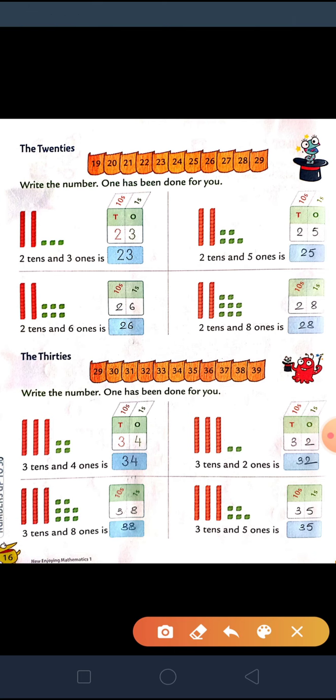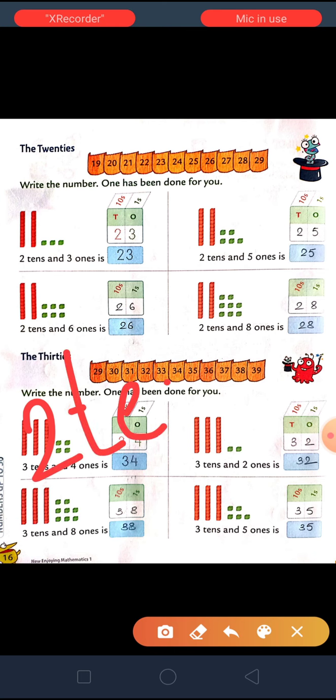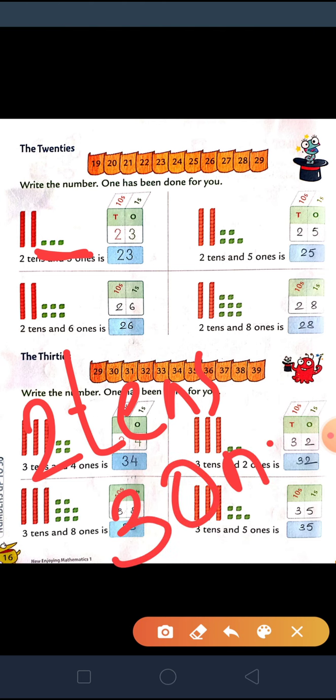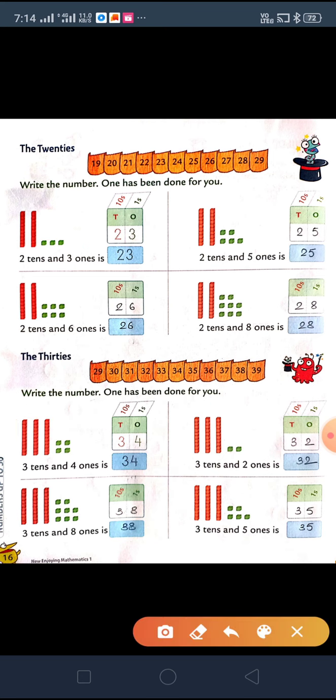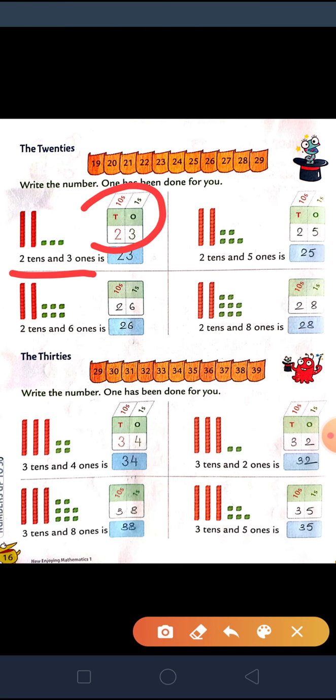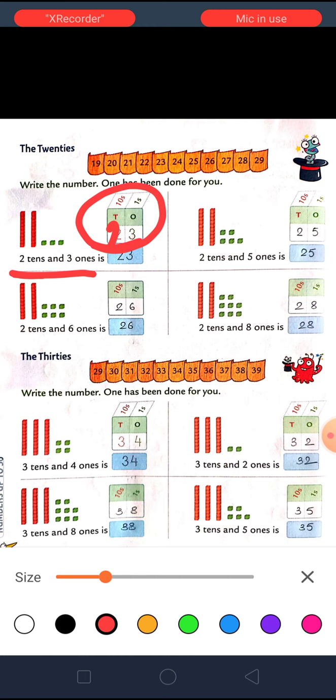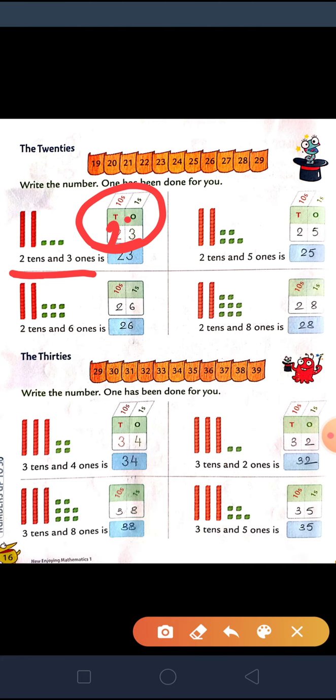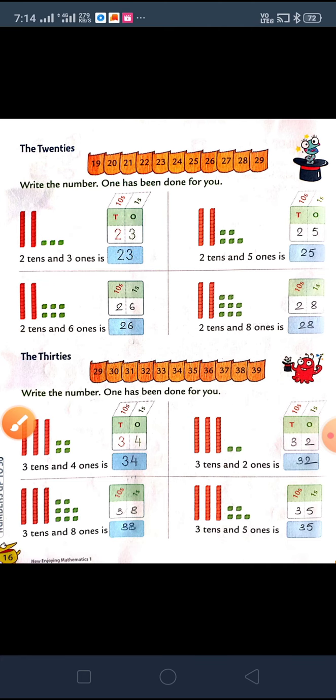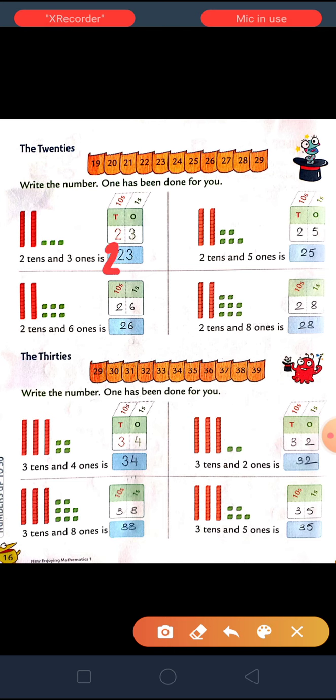So total is 20. 20 means 2 tens, and 3 blocks are kept separately, so it is 3 ones, which means 3 are extra. So here 2 tens and 3 ones means the number becomes, you can write here and then read: 2 tens means write 2 in the tens column and 3 in the ones column. So the number becomes 23.